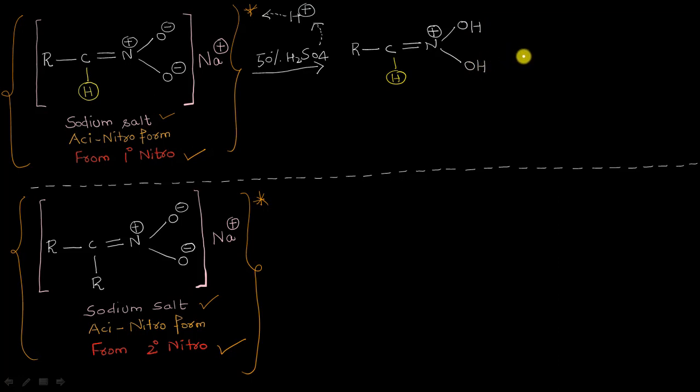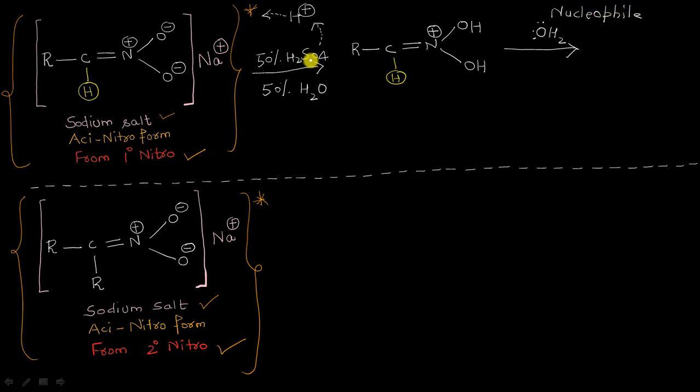Now after that, 50% sulfuric acid means that the rest 50% solvent is what? Of course, it is water. So now this molecule of water, because the oxygen atom has lone pairs of electrons, will act as a nucleophile in this reaction.